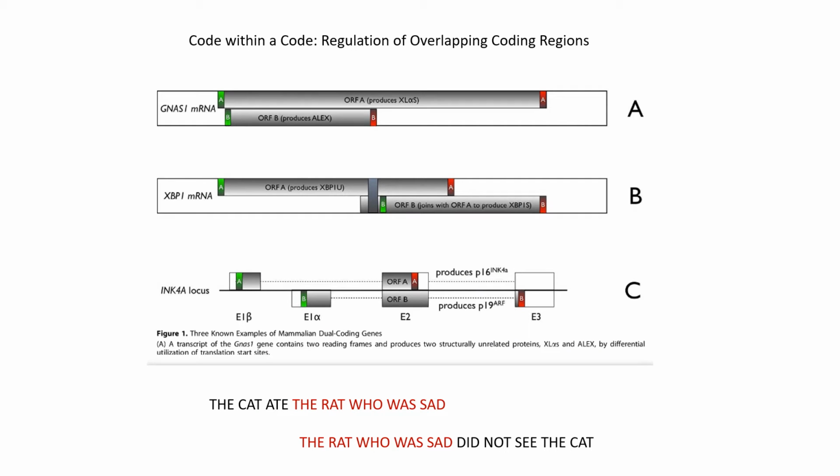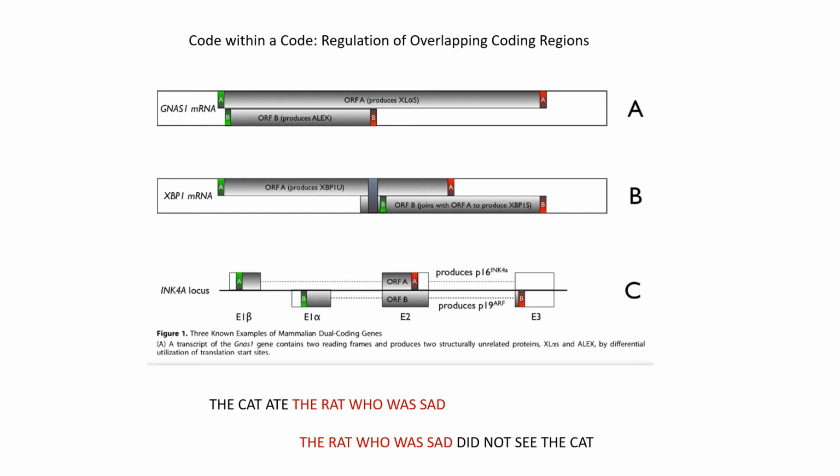Okay, so now let's look at another code within a code. We're going to call this regulation of overlapping coding regions. Now, as if the vast array of splicing possibilities was not complex enough, it turns out that DNA does something equally amazing or even more amazing, which is that there are overlapping coding regions.